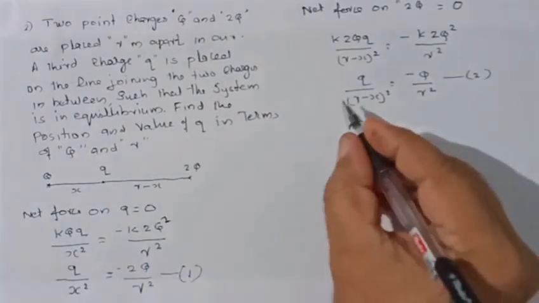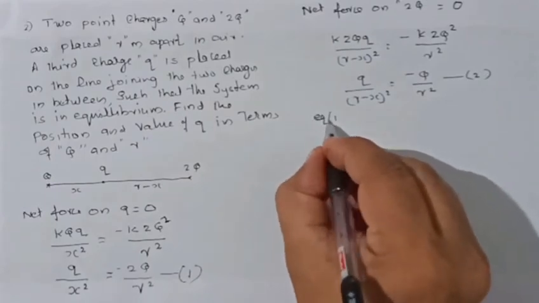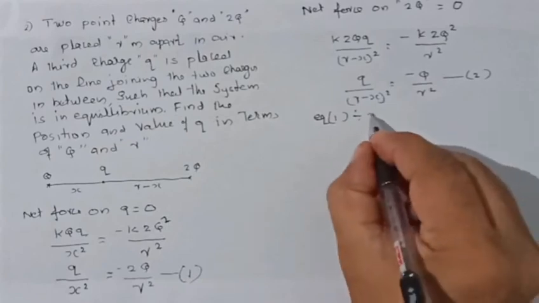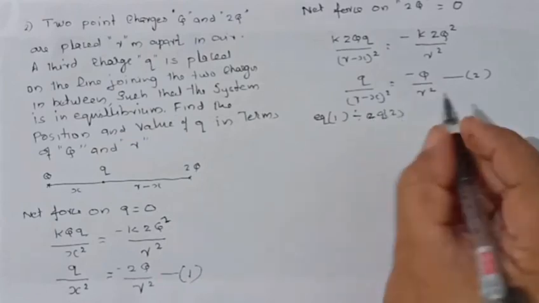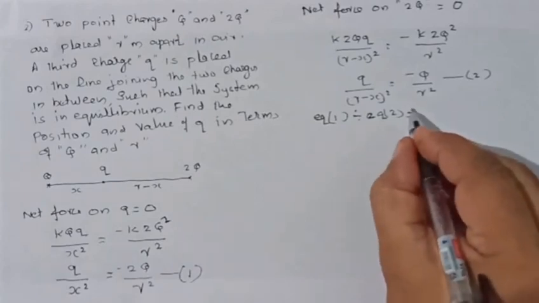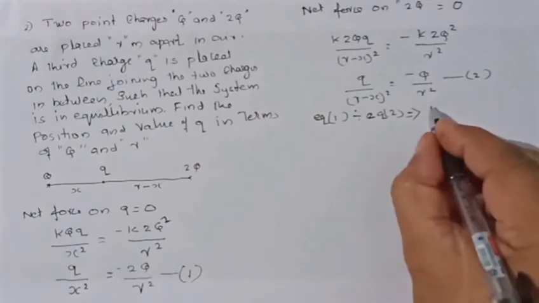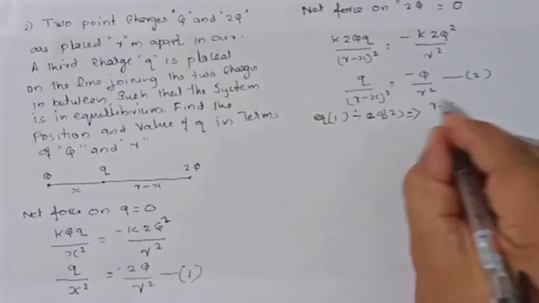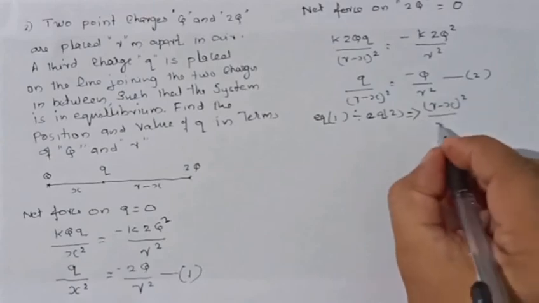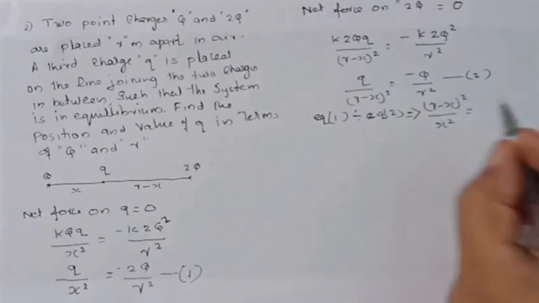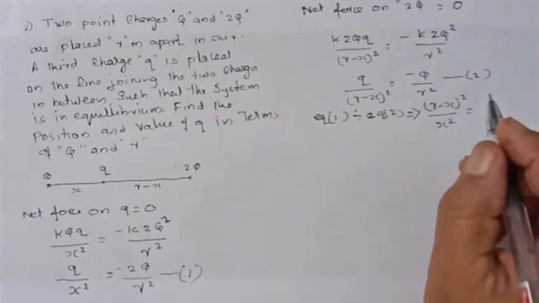Now let's divide equation 1 by equation 2. So be careful, look at equation 1. The left side should be divided and the right side values must be divided. The first divided by the second one.